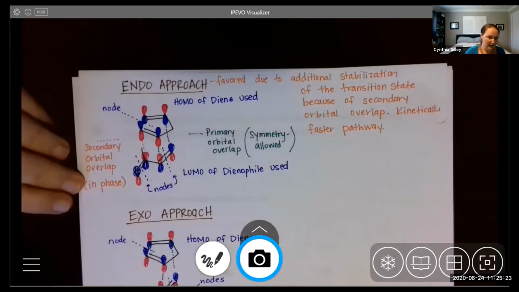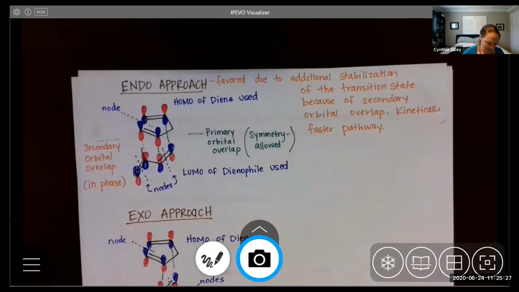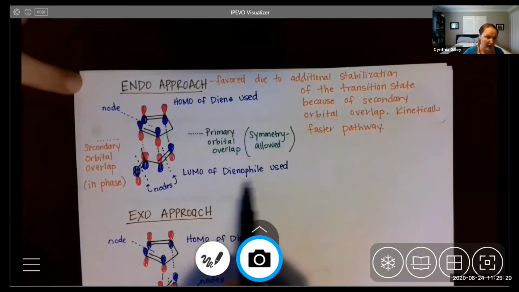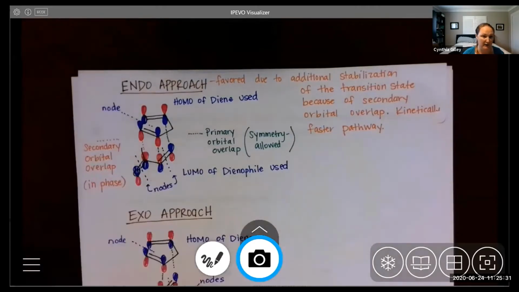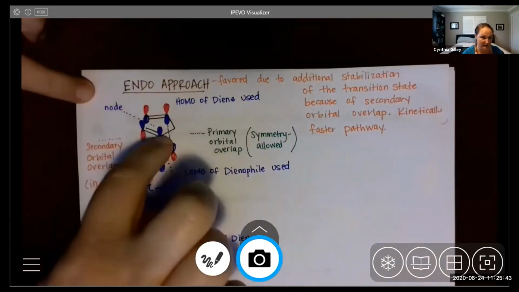So if we're looking at what's happening here, you want to imagine the dienophile approaching the diene from the bottom, right? Just because it's a little bit easier to visualize, place the diene, which is planar, because all of these carbons are trigonal planar.